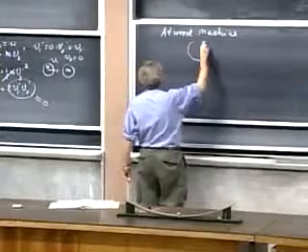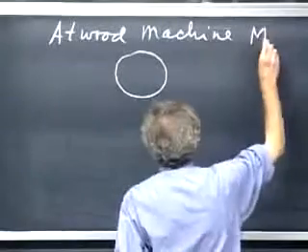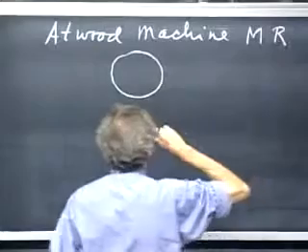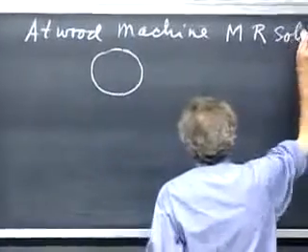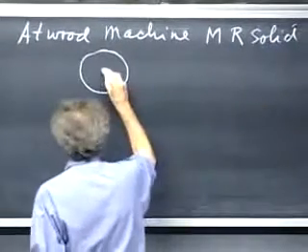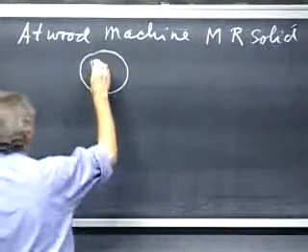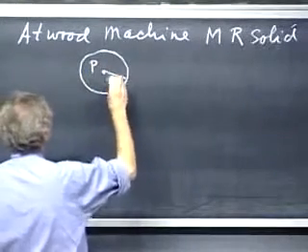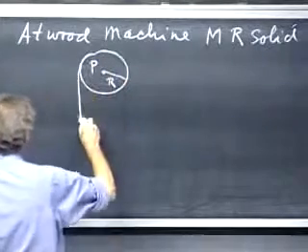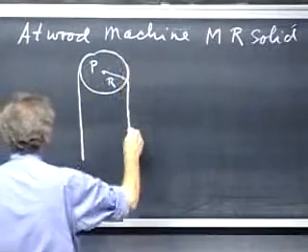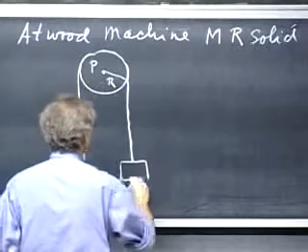Here's a pulley. The pulley has mass m, has radius r. It's solid. So it's a solid disk, rotates frictionlessly about point P, radius r, and there is a rope here, nearly massless. We ignore the mass.